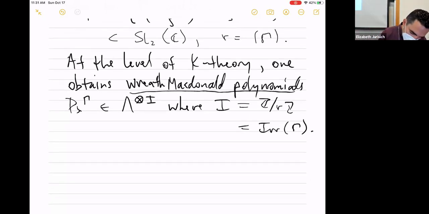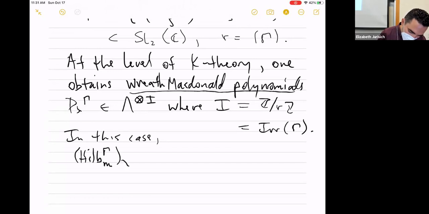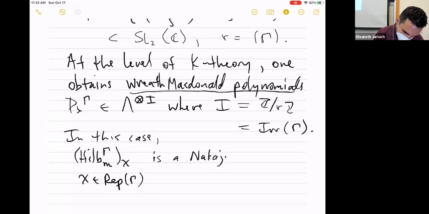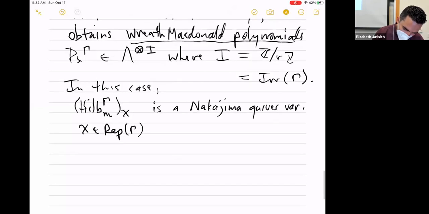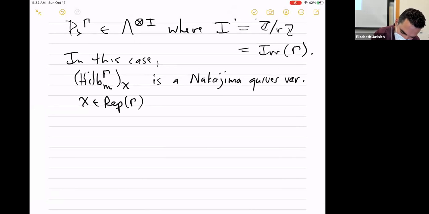So in this case, just a quick note. Hilb^M of Gamma chi. So what this chi is actually is a representation of Gamma. That's what tells you the component. Okay. This is a Nakajima quiver variety for this quiver.